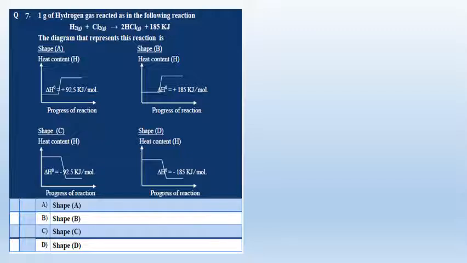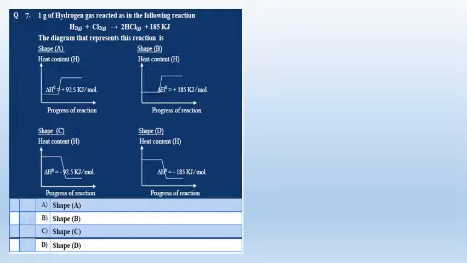The heat energy here is in the product, so the heat energy is released in this reaction.